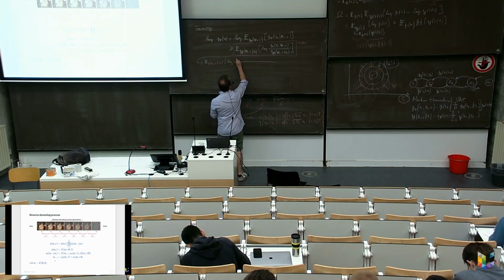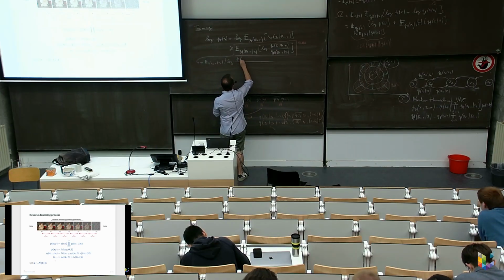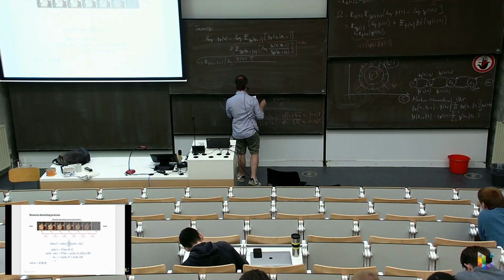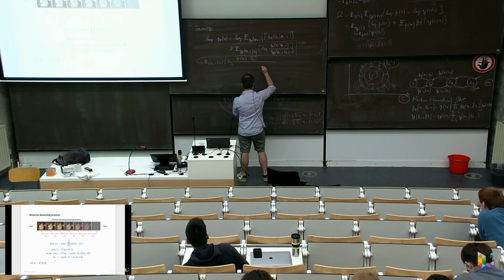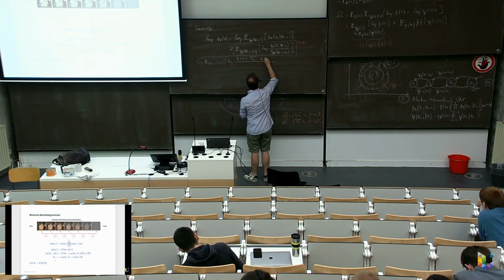So we have first p of xT times the product of all the transitions from t equal 1 to T of p theta xt minus 1 given xt.